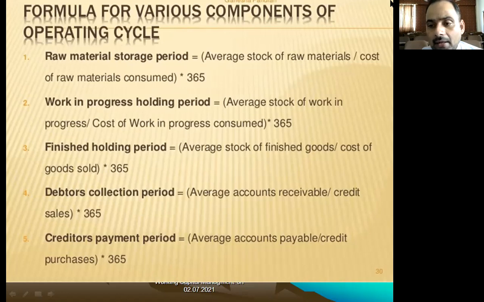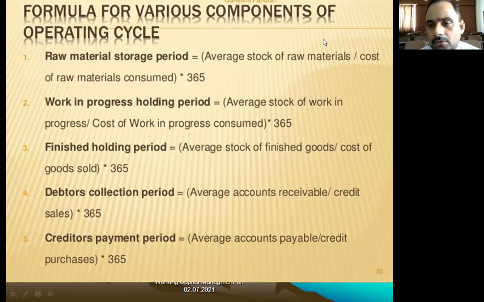Second is the work in progress holding period: the average stock of work in progress divided by the cost of work in progress, multiplied by 365 days.